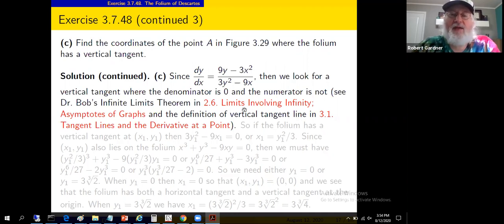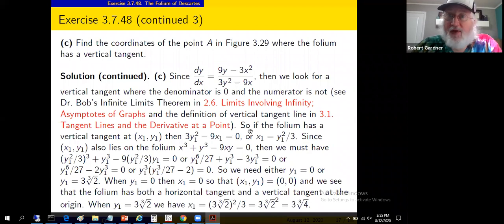If you go back and look at limits involving infinities and asymptotes of graphs, where we talked about infinite limits, and also vertical tangents in section 3.1, this is going to occur, if at all, where the denominator is 0. So let's take that denominator, plug in x1, y1, and set the denominator equal to 0 and see what happens.